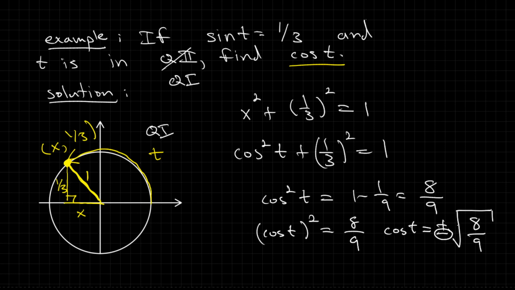That means cosine of t is negative, and so on simplifying this square root, I get that cosine of t is equal to negative square root 8 over square root 9, which is 3, and this is negative 2 root 2 over 3.